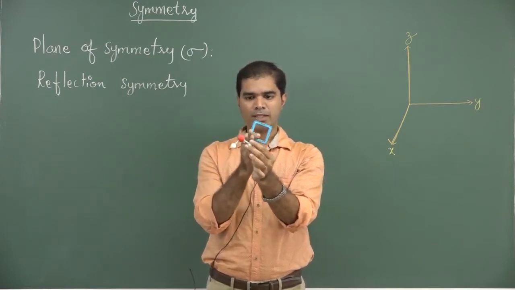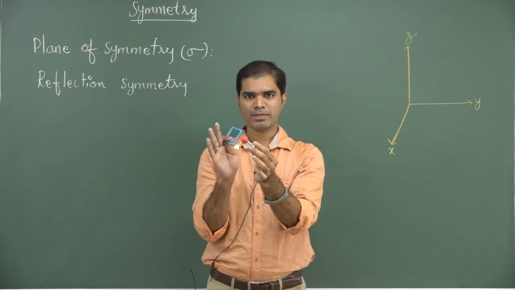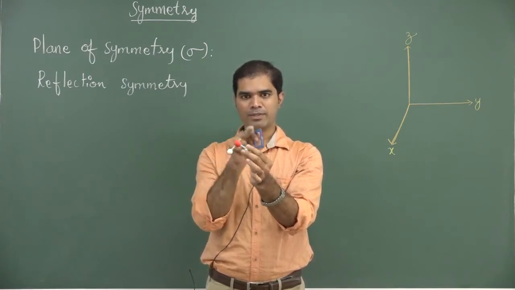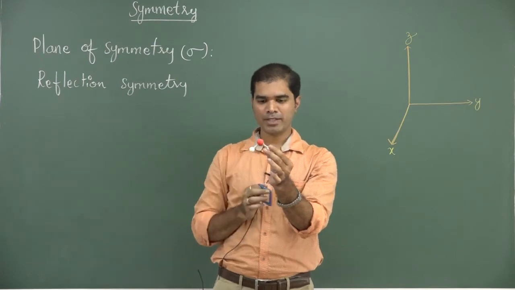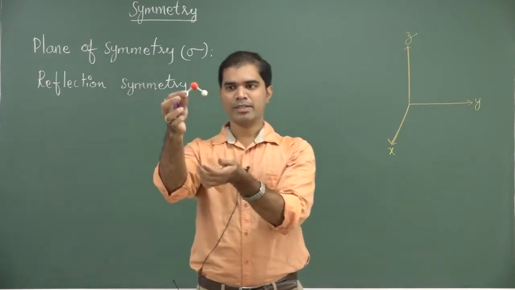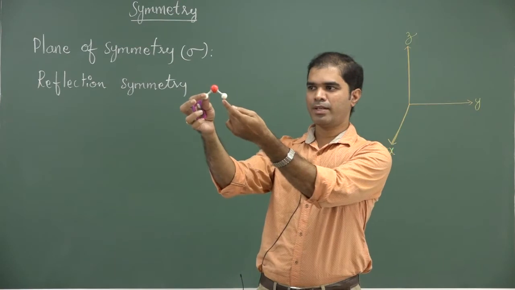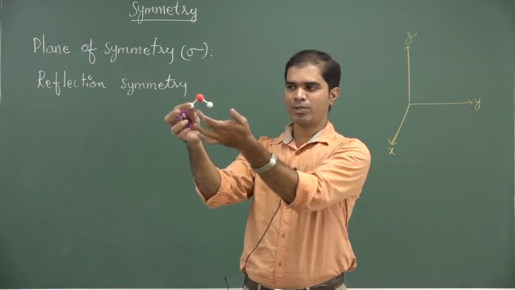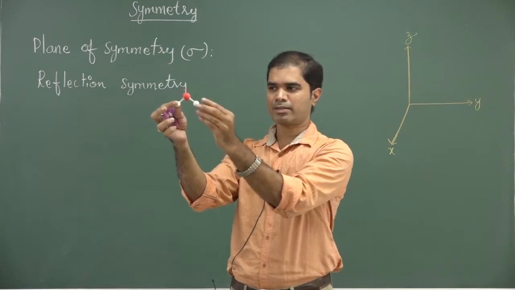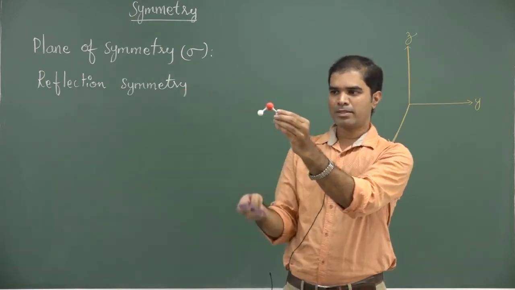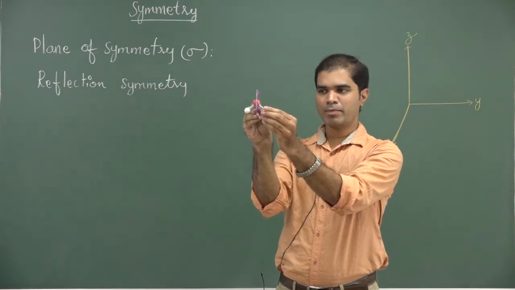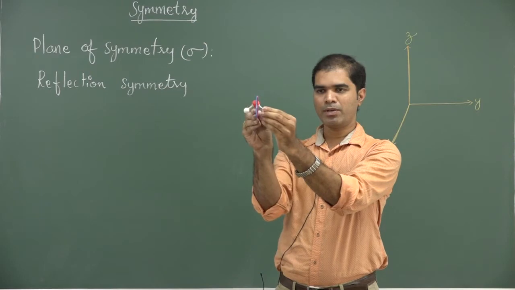Once it is bisecting the molecule into symmetrical halves, what exactly it does is, it will reflect the halves. So how to imagine it? Let us understand. Suppose that this is H1 and this is H2. H1 is towards your right hand side, H2 is towards your left hand side. Let me pass this plane, which is an xz plane. Now once I have passed an xz plane, this is bisecting the molecule into symmetrical halves.